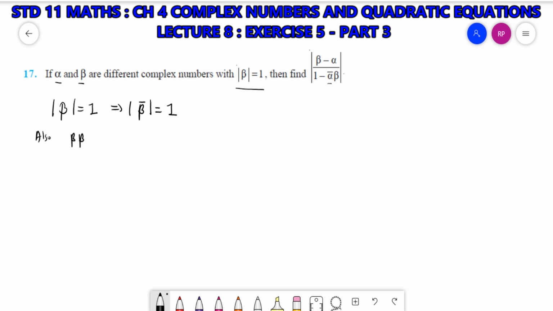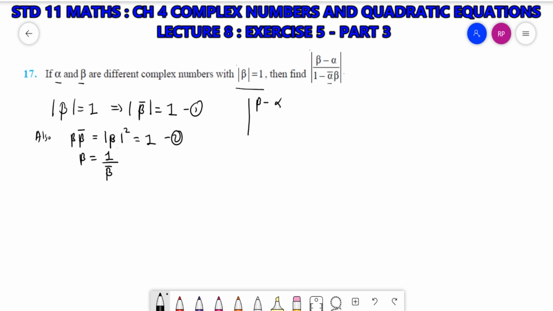Also, product of any complex number with its conjugate is equal to its modulus square. What is modulus of beta? 1, so that will be equal to 1. So beta, I can write it down as 1 by beta bar. Let's name this as 1 and this as 2. Now let's start.